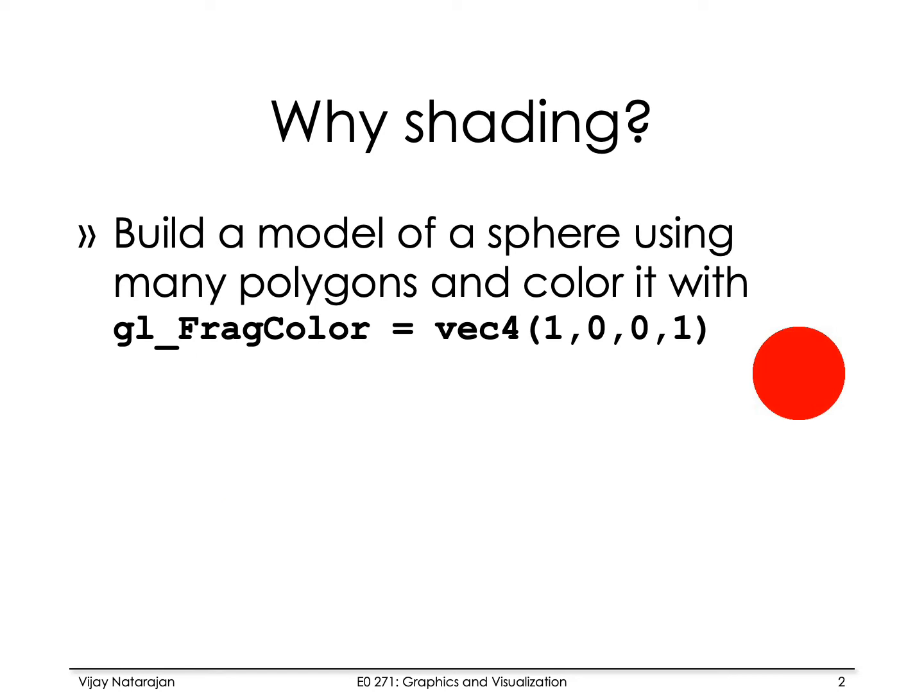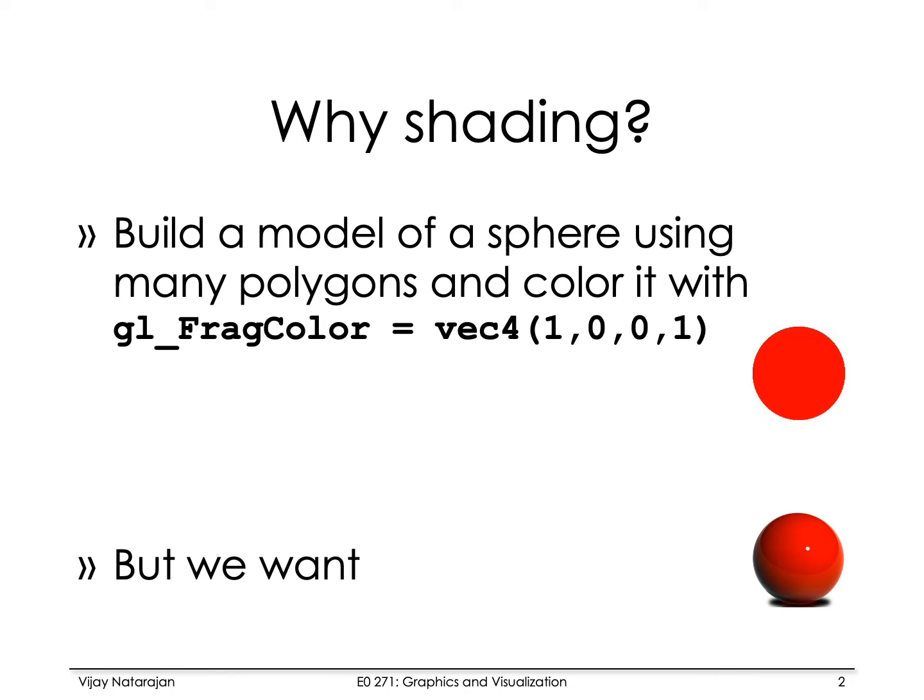Let's start by answering the question why. Why shading? Why lighting? So far, we have tried to incorporate color in a simple way. So essentially set the color of a vertex, for example, red here. And if we draw a collection of vertices and triangles that form a sphere with red color, this is the kind of picture that we will get.